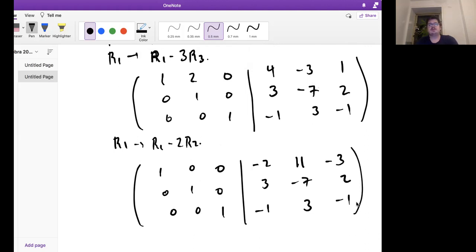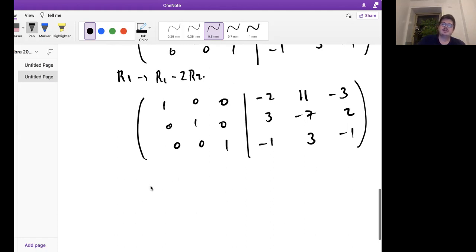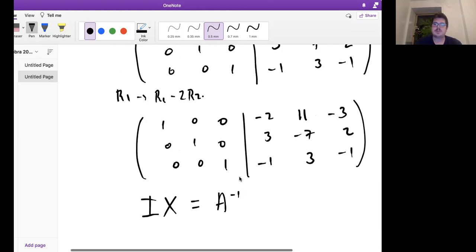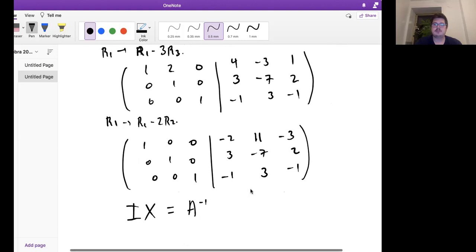Okay, so now we have I x is equal to A inverse. What's row 1 minus 3 row 3?